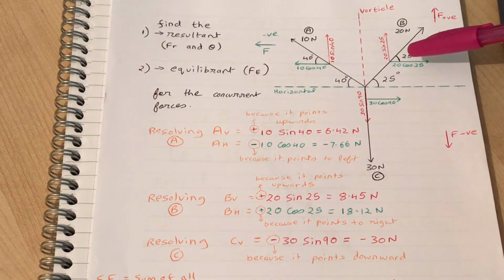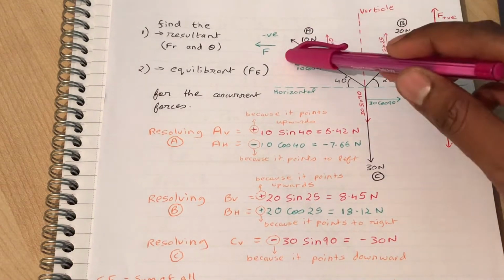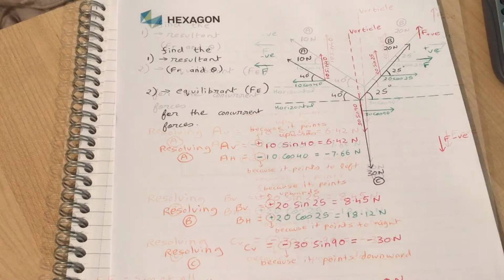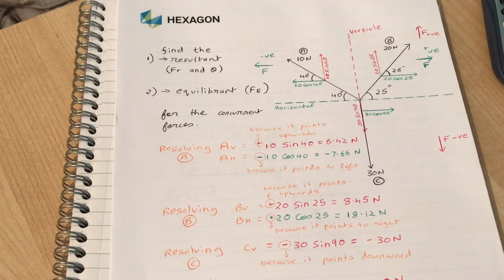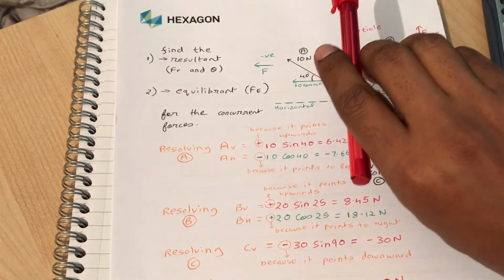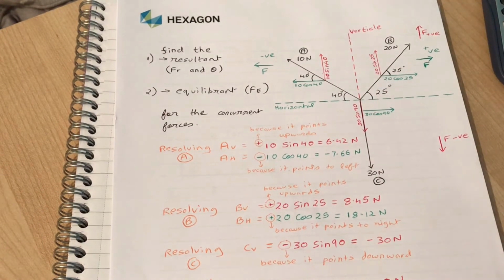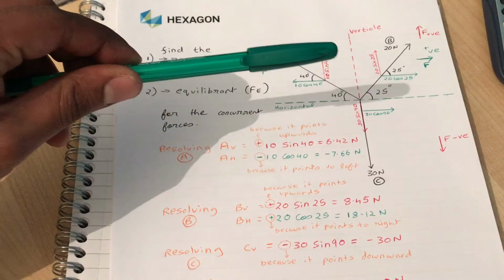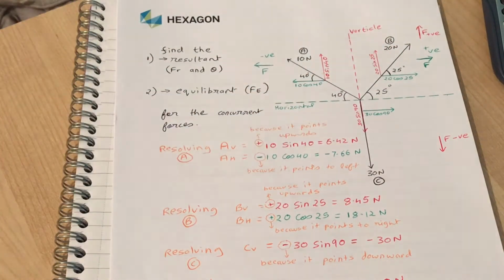Any force going to the left side is negative, and any force pointing to the right side is positive. Now what we have done here is we have assigned a convention for the forces. So upward is positive, downward is negative, leftwards is negative, and rightwards is positive.